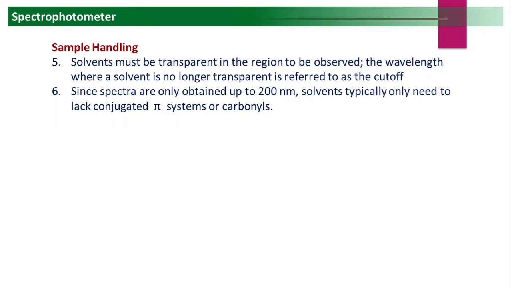Since spectra are only obtained down to 200 nanometer, solvents typically only need to lack conjugation, pi systems and carbonyls. Whatever solvent we use to take a spectrum of a particular compound should not contain any pi conjugated system, double bonds or carbonyl groups. Only then can we use the solvents for UV visible spectroscopy.